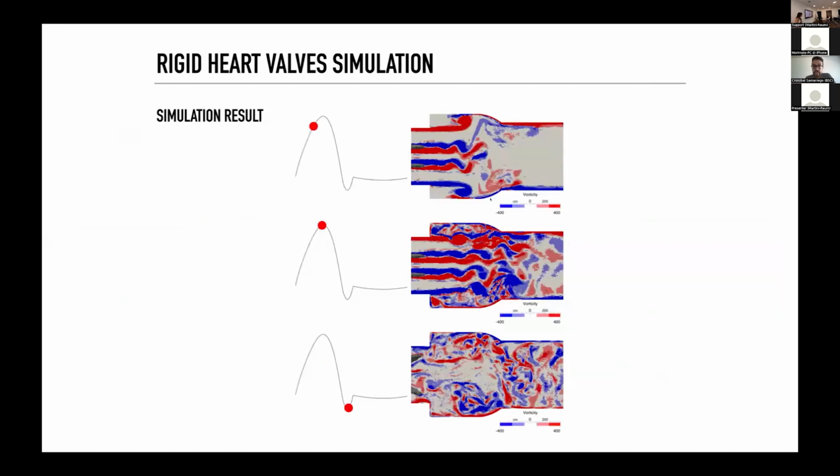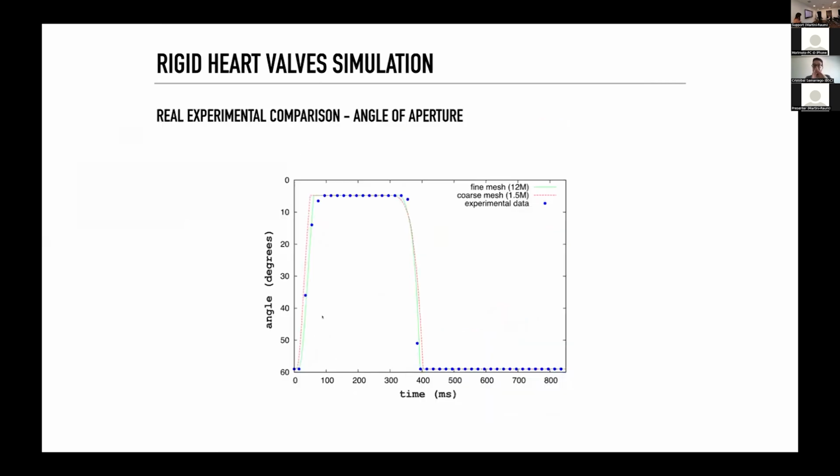Here you can see how these vortices can grow near the sinus of this artificial aorta, making this turbulence grow and close the valves for different positions of the impulse. And this last slide is maybe the most important slide of the presentation, because here we can compare the real experimental data with our simulations.